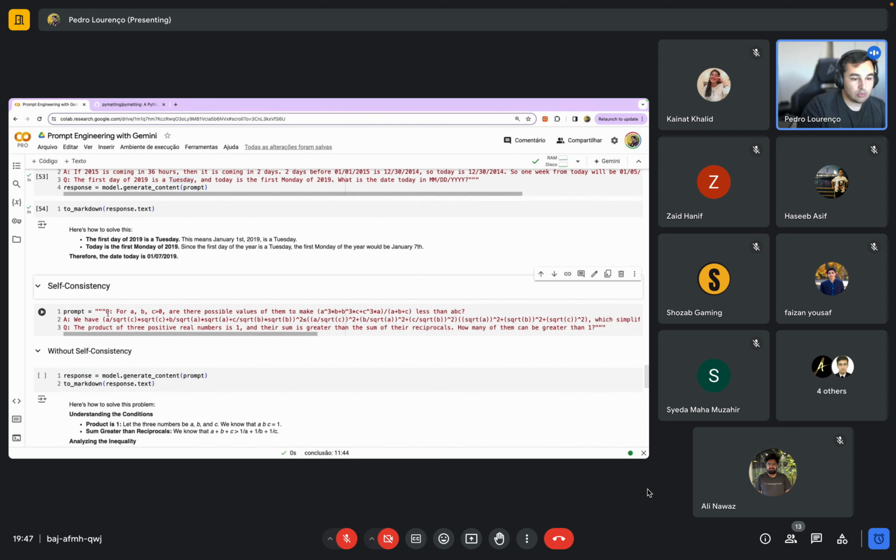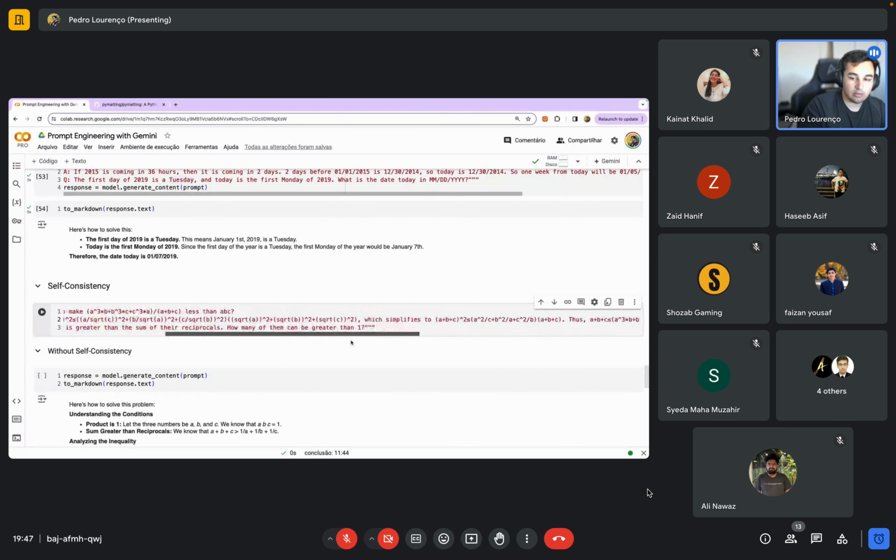We have the question, and the first answer, which is the reasoning, and at the end the answer. We are asking: the product of three positive real numbers is 1, and their sum is greater than the sum of their reciprocals. How many of them can be greater than 1?